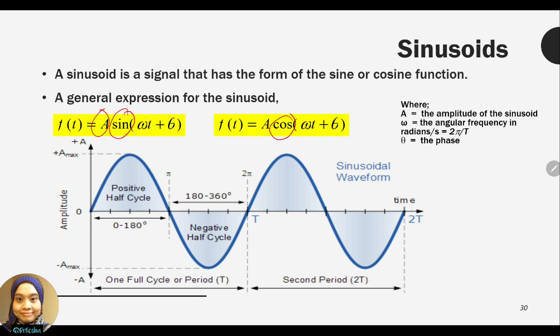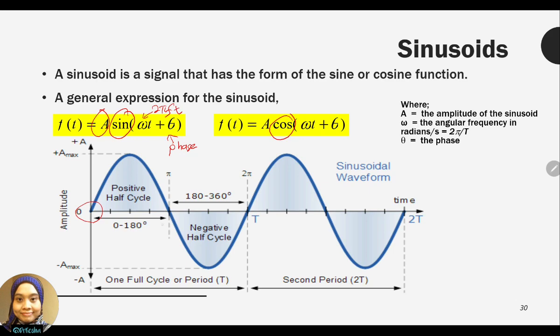Then we have the angular frequency, which we can convert to 2 pi f t, where f is the frequency, and also theta to explain the phase. If your signal starts from 0, that means there is no phase involved and you don't have to put any phase.